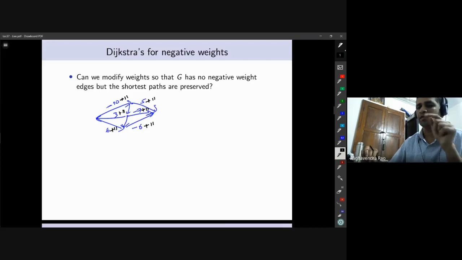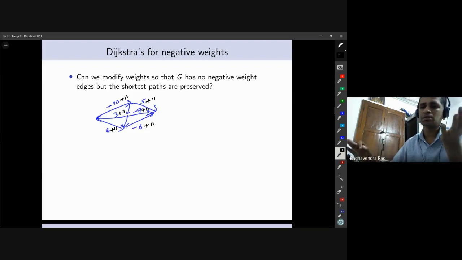So this will make the weights positive, but we have seen already, I just stated that this won't work. If you add weights so that edge weights become non-negative, then the shortest paths change. The graph has a completely different shortest path structure.